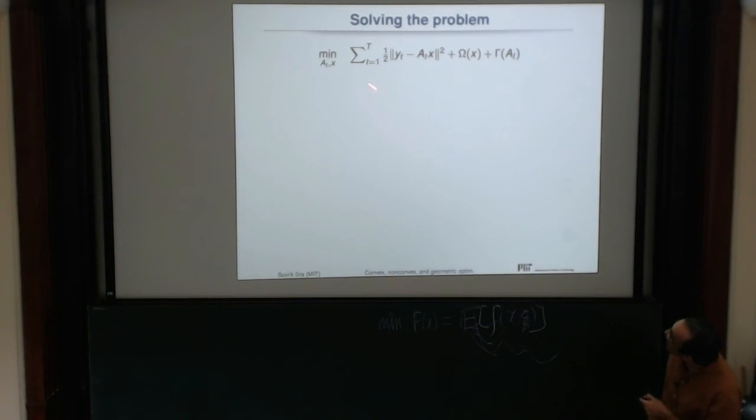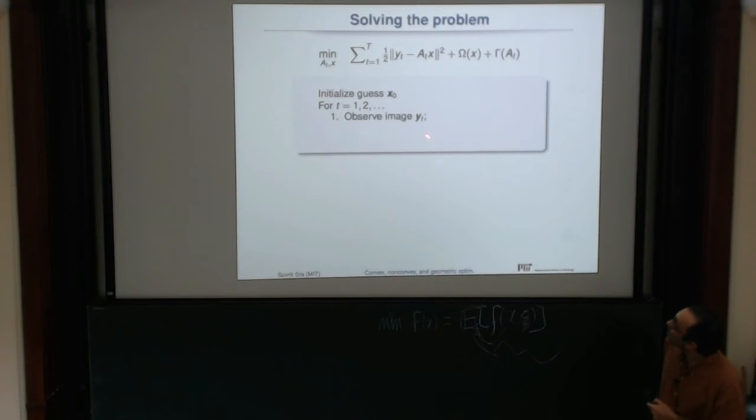I wrote it for you in this specific notation for a reason. I observe an image. I use my current guess of the deblurred image to estimate the blur operator, and then I solve a convex optimization subproblem to update my guess of the true image.